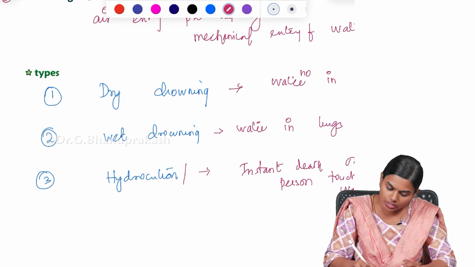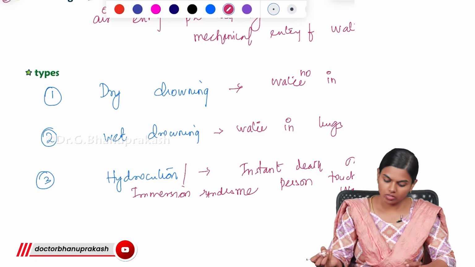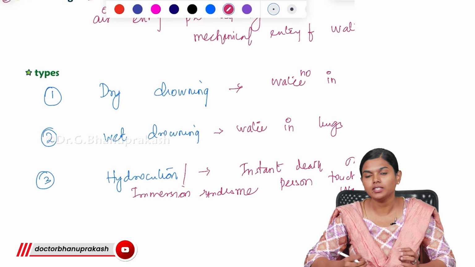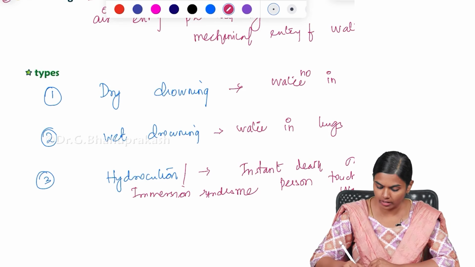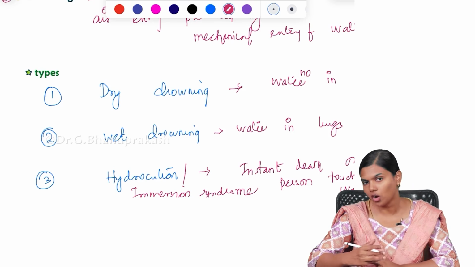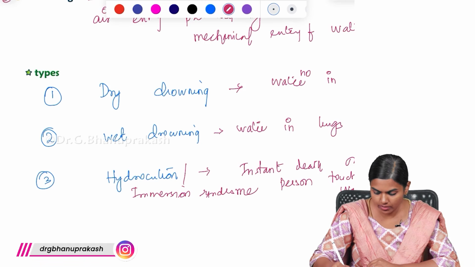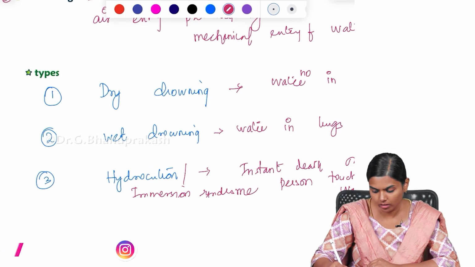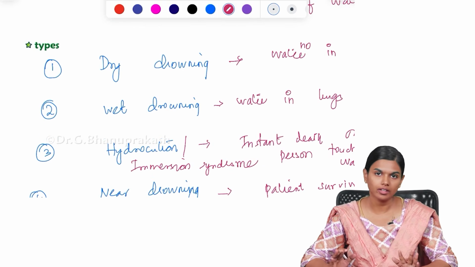Hydrocution is also known as immersion syndrome. The person will instantly die once they hit the water. And near drowning is when drowning happens but the patient survives an episode of drowning. So, these are the types of drowning that we have to see.